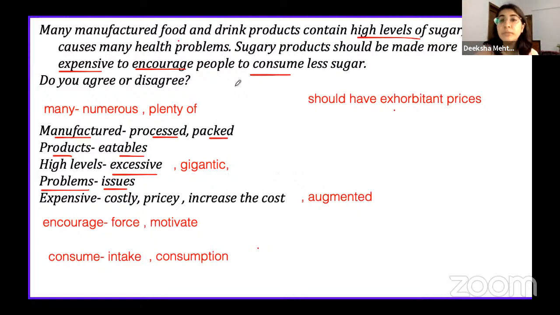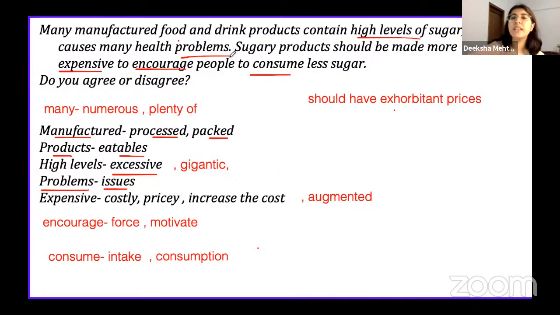So yes, a lot of you have not mentioned your opinion. Vishakha, good. However, it should be problems. Also, health problems is already there. Let's write health issues. All right, great, Vishakha. Okay, Ria, you can say have altered their food habits, right? Or they've changed their food habits.